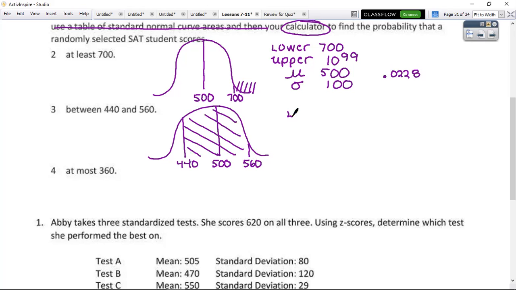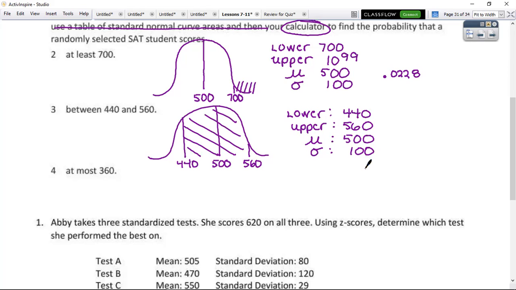All right, so now my lower bound value becomes 440. And my upper bound value becomes 560. And nothing else changes. So 500 still. And 100.